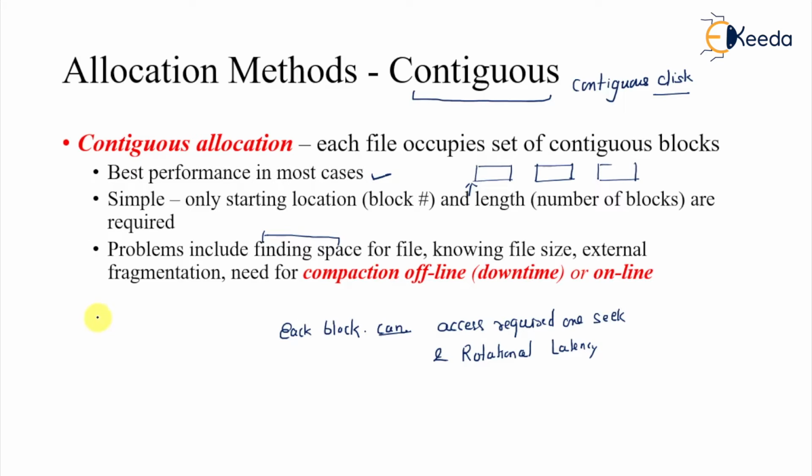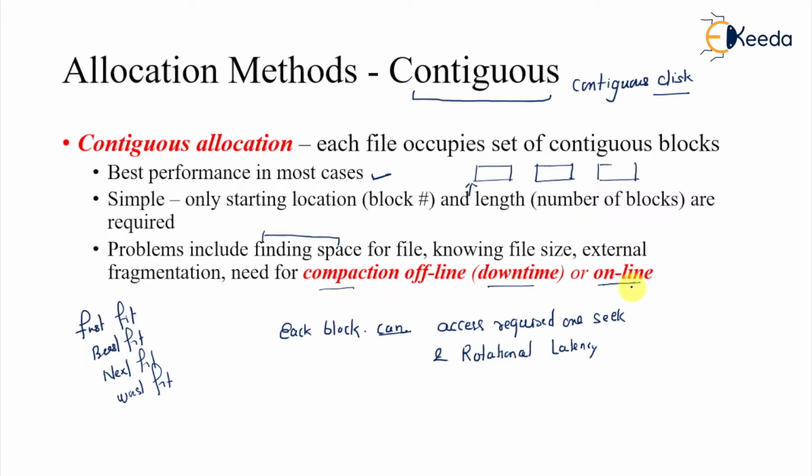In contiguous allocation we have the first fit, best fit, next fit and worst fit methods, which we have seen in main memory management. Problems include finding space for the file, knowing the file size, external fragmentation, and the need for compaction, offline with downtime, or online.